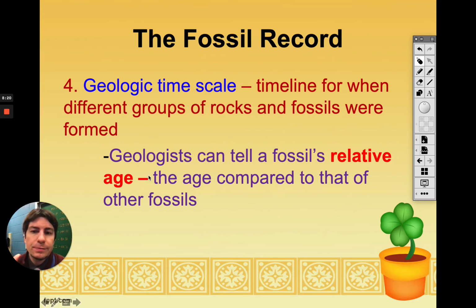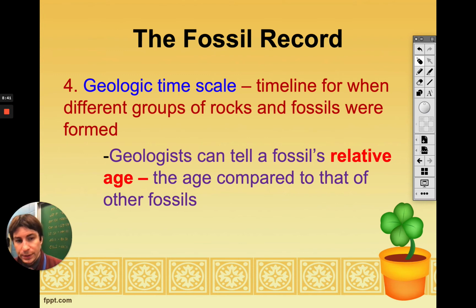So two different vocab words here, guys, we're going to go over. First one is relative age. Now, when we are finding all of these fossils, we can estimate the relative age of this fossil. It's not numerical. When you are doing the relative age, we have to have at least two fossils together.